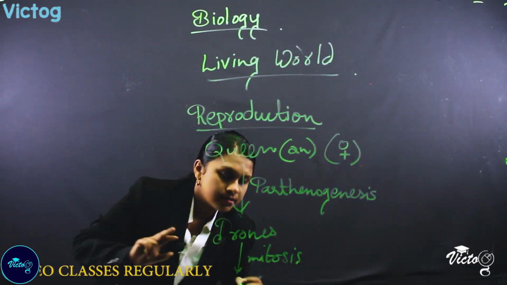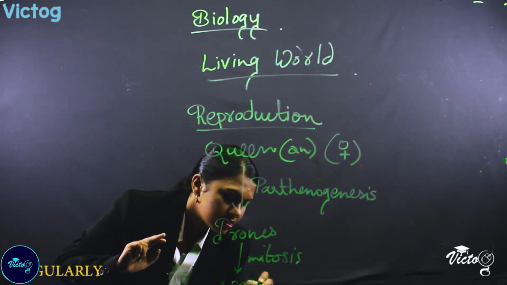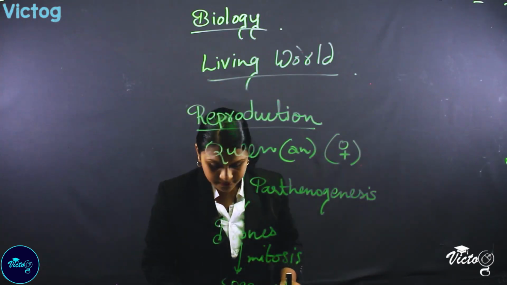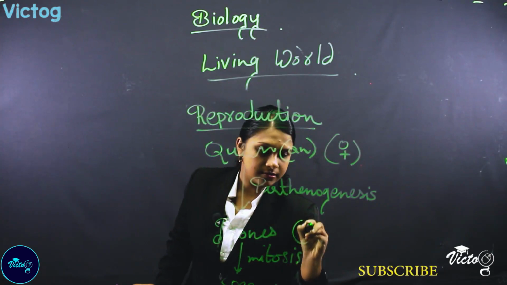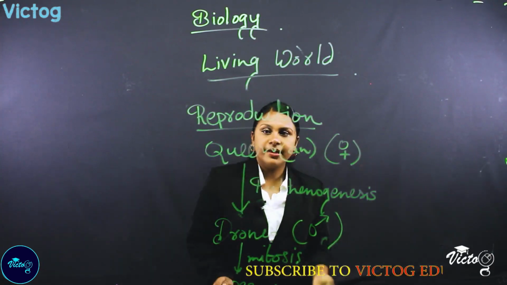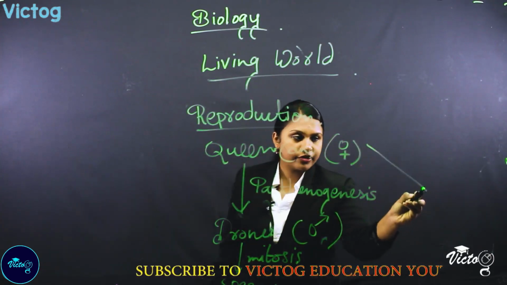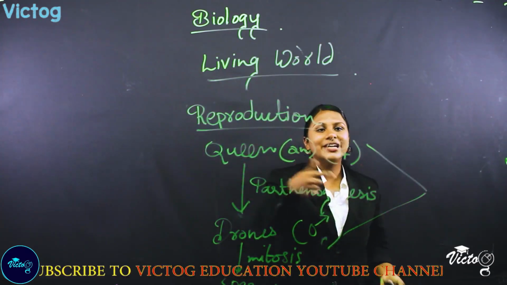And these drones produce sperms by mitosis. This is a male, okay? Drone is a male. Then fertilization takes place between the queen and drones.